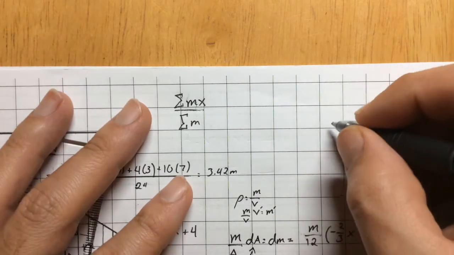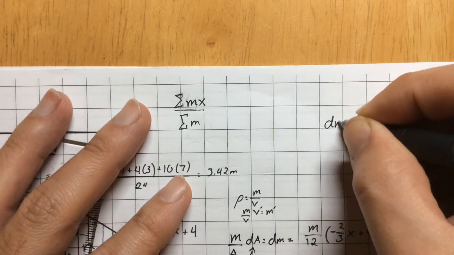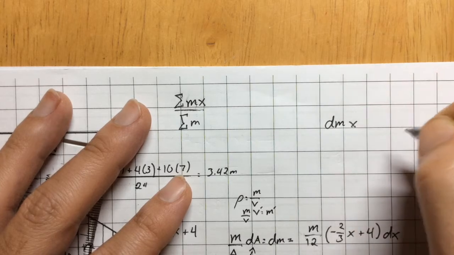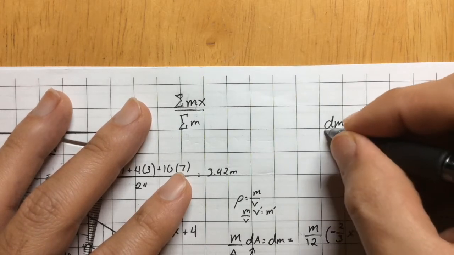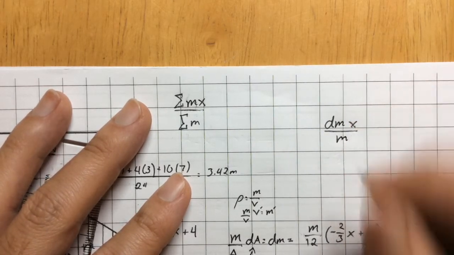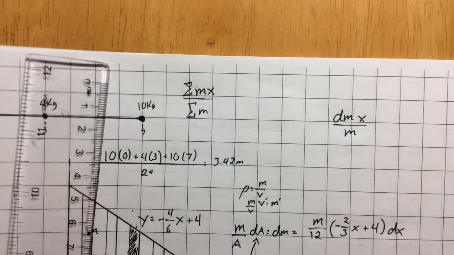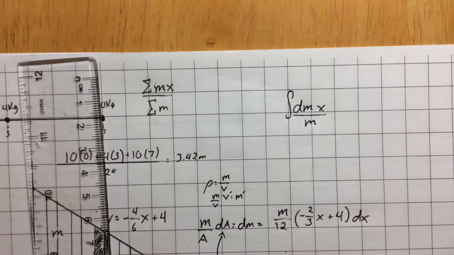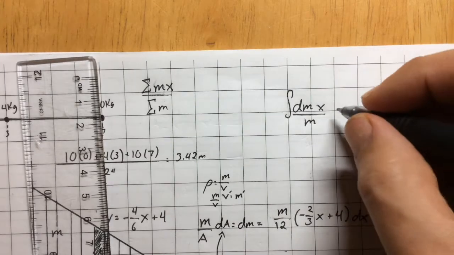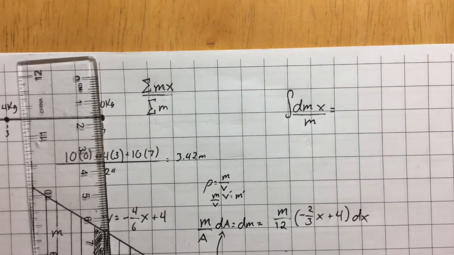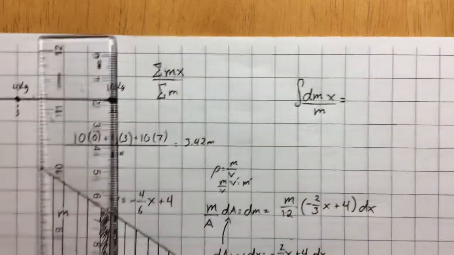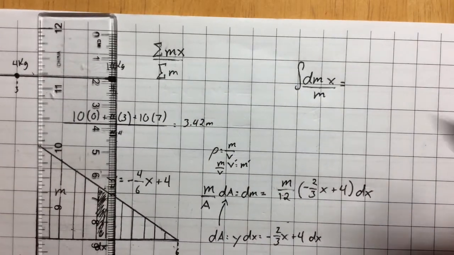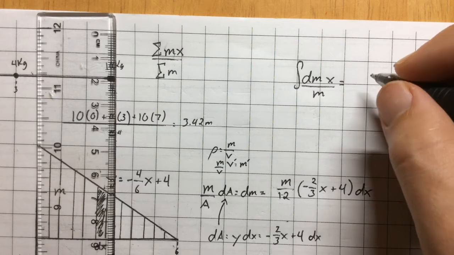So we're going to take the sum of each one of these little masses times their position x, and we're going to divide that by the total mass m. Now how many are we summing up? Well, we're summing up all of them, however many there are, and we need to replace dm with this. That's what dm is. So it's dm x.